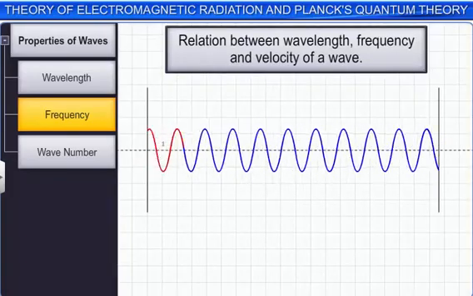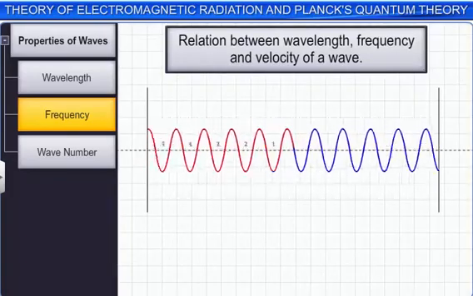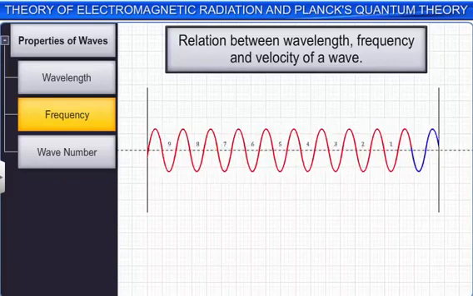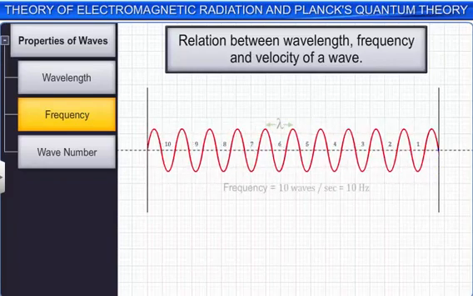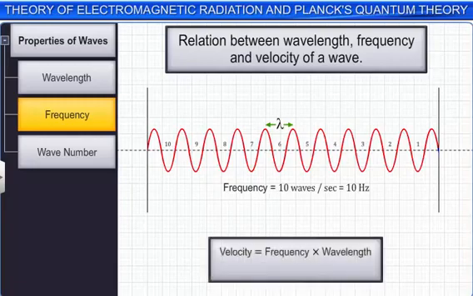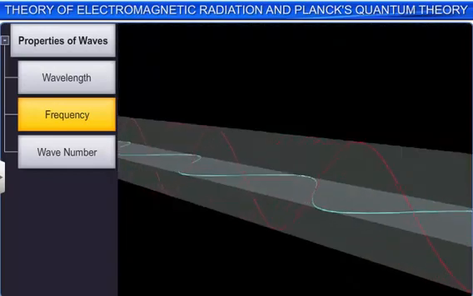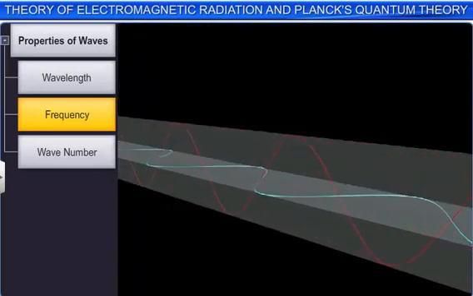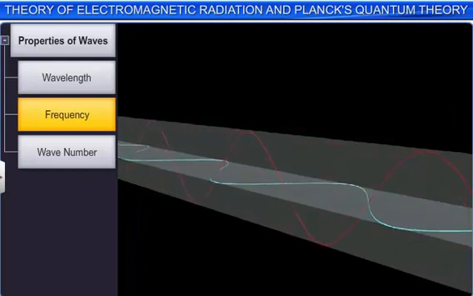As frequency is the number of waves passing through a point per second, and wavelength is the length of each wave, their product will give the velocity of the wave. The electromagnetic waves travel through empty space with the velocity of light.